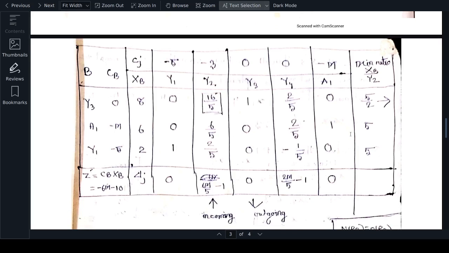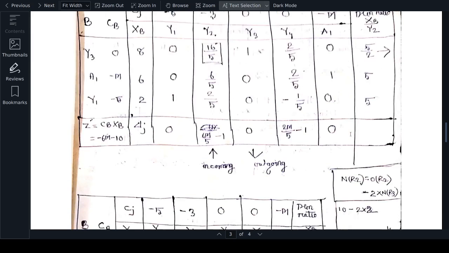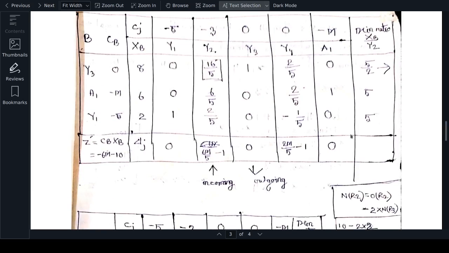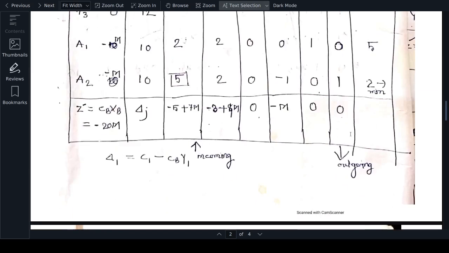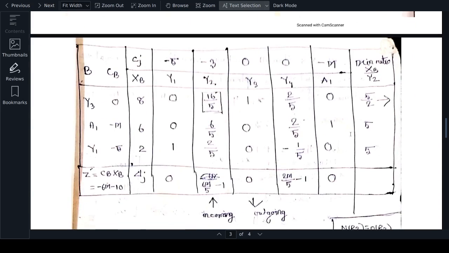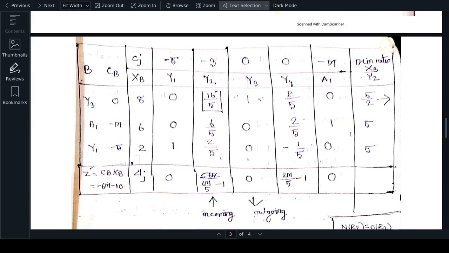Is the calculation part clear or not? How to calculate the new element? Yes, sir. Dipanshu? Clear, no? Okay. If anybody has a doubt, then you will ask. So after calculation, we get this one.